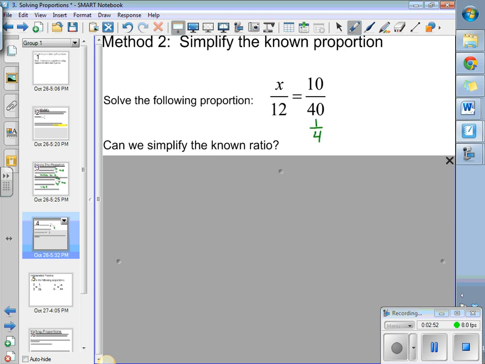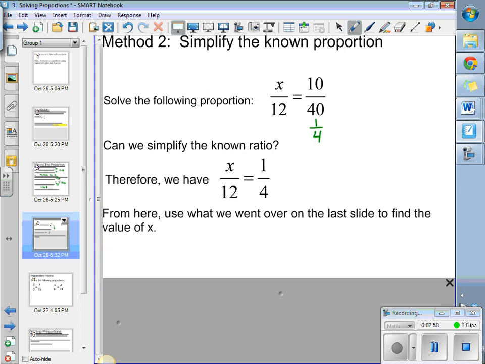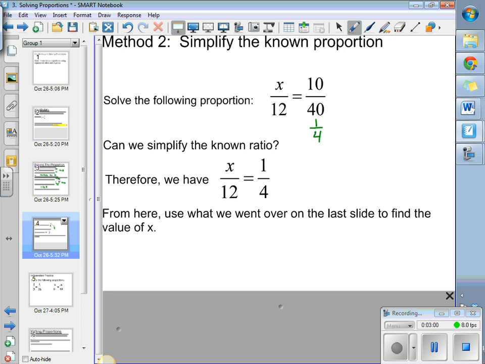So now, we have x over 12 equals 1 over 4. We take what we know from the previous slide, and now how do we get from 4 to 12? We multiply by 3. So we're going to multiply by 3. So x is equal to 3. All right.